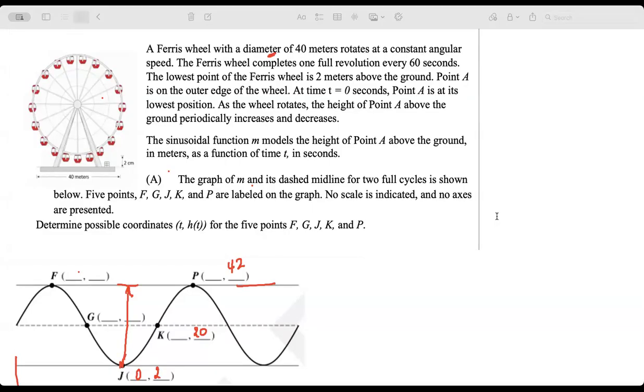Oh, you put J as 60, 2. Yeah, because in school we don't do negative time. Okay, that's fine, that makes sense actually. Minus 20 cos pi by 30 x. Okay, c is 0 plus 22. Nice.